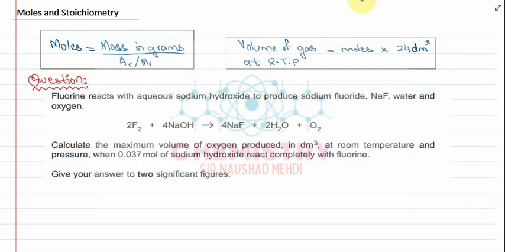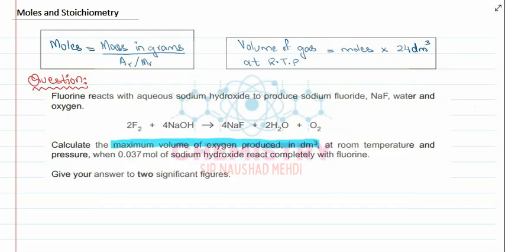In the first question it is saying that fluorine reacts with sodium hydroxide to produce sodium fluoride, water and oxygen, and the equation is given to you. They are saying, calculate the maximum volume of oxygen produced at RTP. So they are asking you to calculate the volume of oxygen.